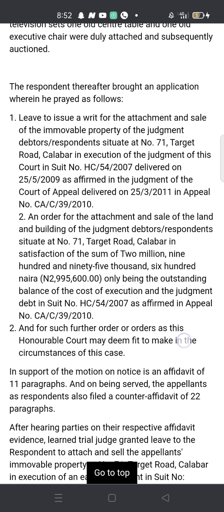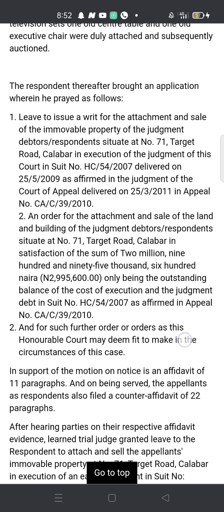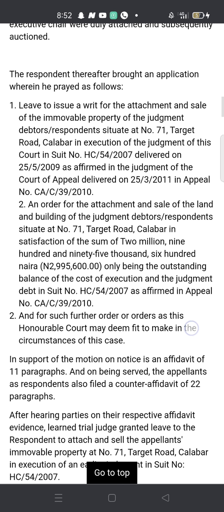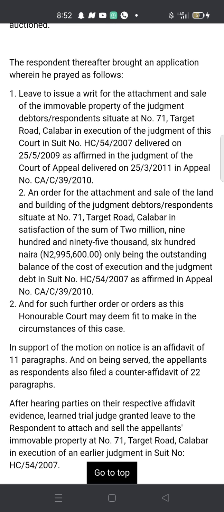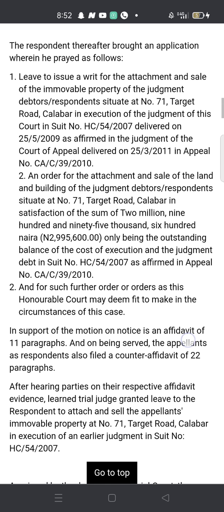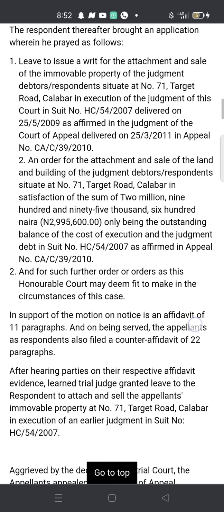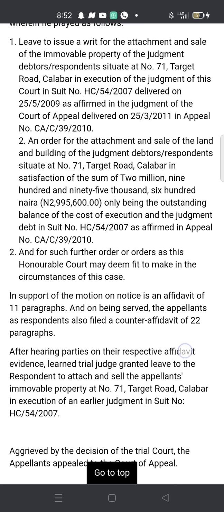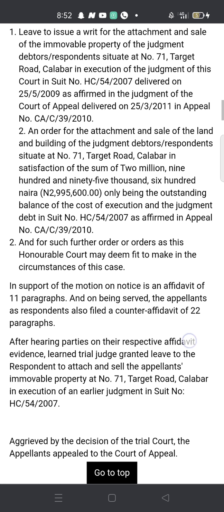2. An order for the attachment and sale of the land and building of the judgment debtors/respondent situated at number 71 Target Road, Calabar, in satisfaction of the sum of 2,995,600 naira only, being the outstanding balance of the cost of execution and the judgment debt in suit number HC 54/2007 as affirmed in appeal number CA/C 39/2010, and for such further order or orders as this honorable court may deem fit to make in the circumstances of this case.